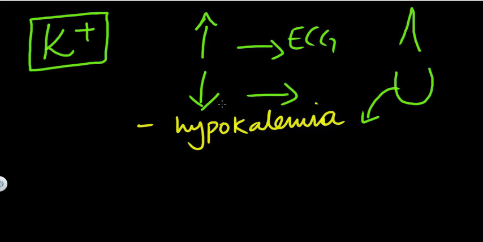Now in the end, for the bonus part, you have the QT interval. The QT interval basically represents the entire period of ventricular depolarization and then your repolarization.